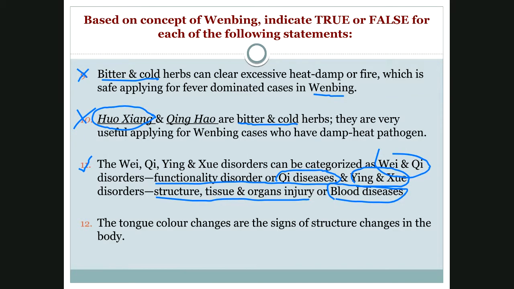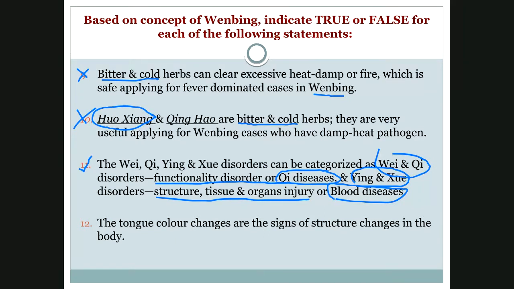Now, number 12, the tongue color changes are the signs of structure changes in the body. If this is an absolute statement, it is incorrect. If you say some tongue color changes could be structure changes in the body, that would be correct.